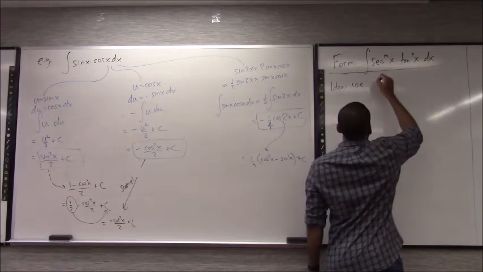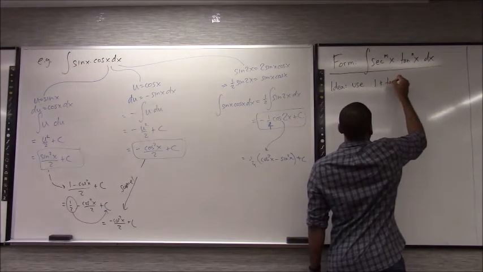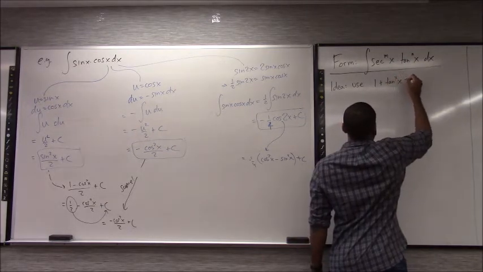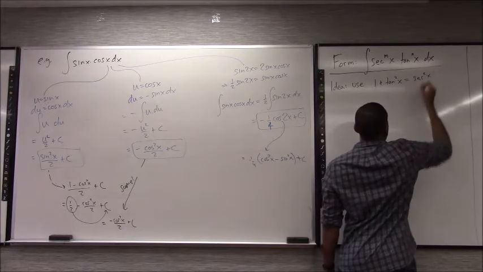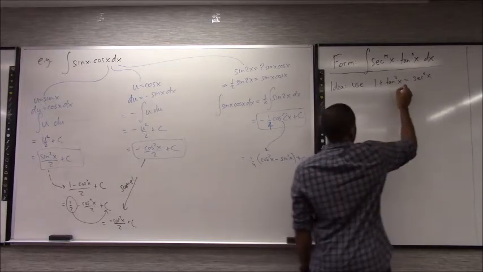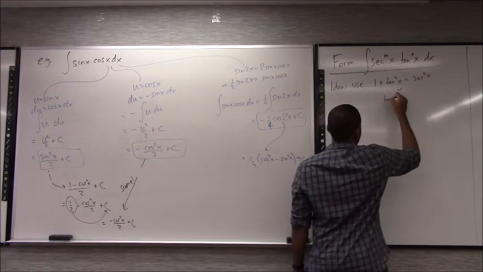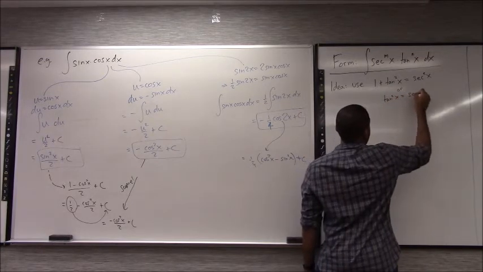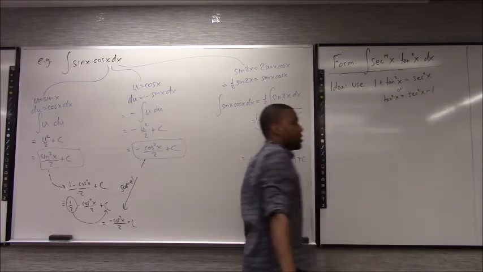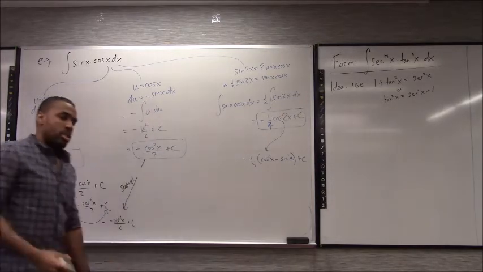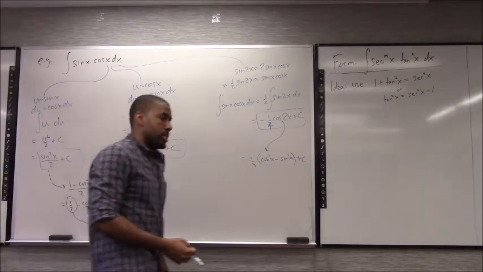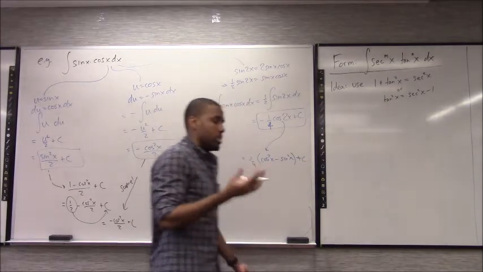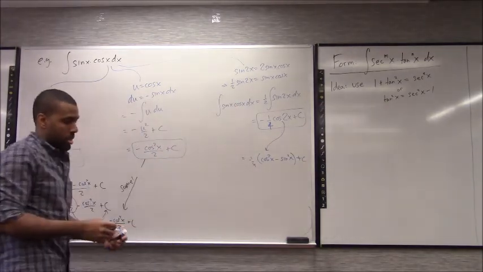So what is the identity? It's 1 plus tangent squared is equal to secant squared. Or you can use the fact that tangent squared is equal to secant squared minus 1. So basically, you're doing the same idea as with sines and cosines, except with tangents you're applying this formula.